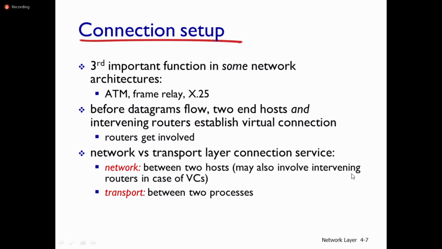You will see what is meant by virtual circuit in the coming slides. But in the transport layer, it is between two processes. As we know already, the transport layer is between two processes and the network layer between two host devices, but it may also consist of intervening routers if it is a virtual circuit. So this is about connection setup.